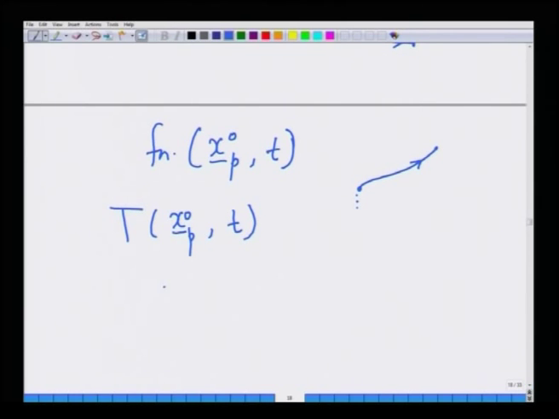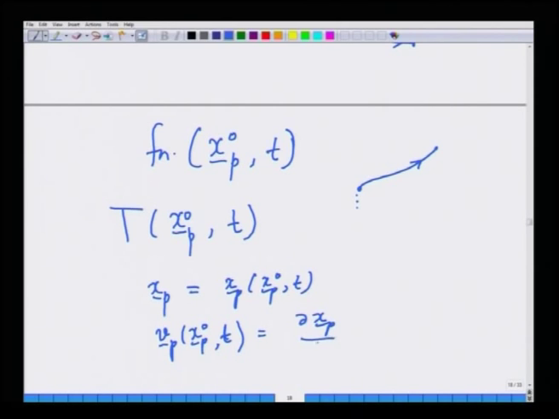So, once I have this motion, how the trajectory of various particles changes as a function of time, then I can get the velocity of a particle which was at x_p0 at time t equal to 0, at a later time t, as nothing but the rate of change of its position, keeping x_p0 the same, that is, you are following the same particle.